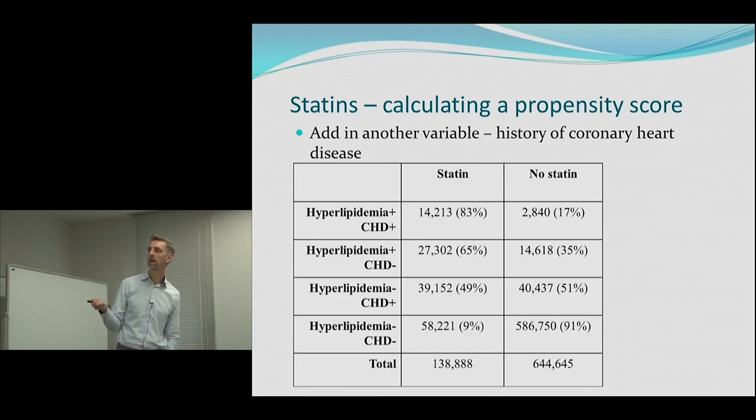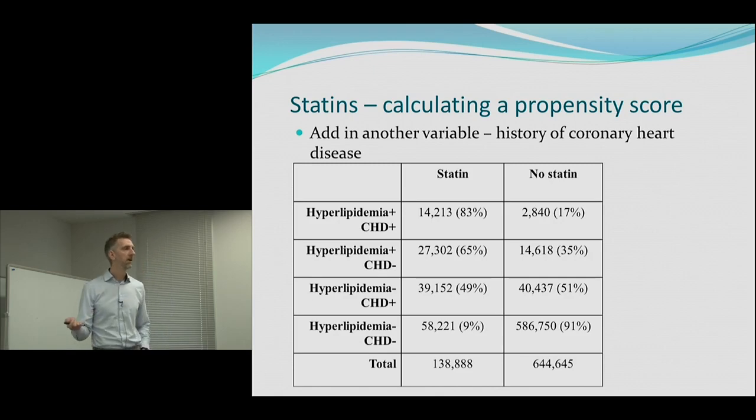Starting off with people who've got both high lipids and coronary heart disease, and then people who've just got high lipids but no coronary heart disease, and normal lipids, and then neither high lipids nor coronary heart disease. So kind of graded from the sicker people down to the more healthy people.